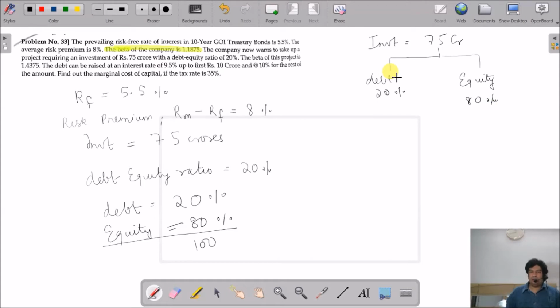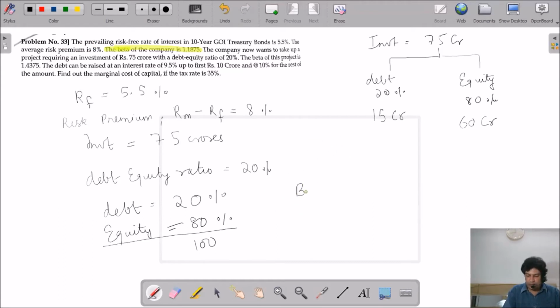So how much amount of debt are we going to borrow? 75 into 20%, that is 15 crores. So 15 crores I am going to borrow by way of debt, and the remaining 60 crores I am going to raise by way of equity. So the beta of the project is 1.4375, which is relevant for us.